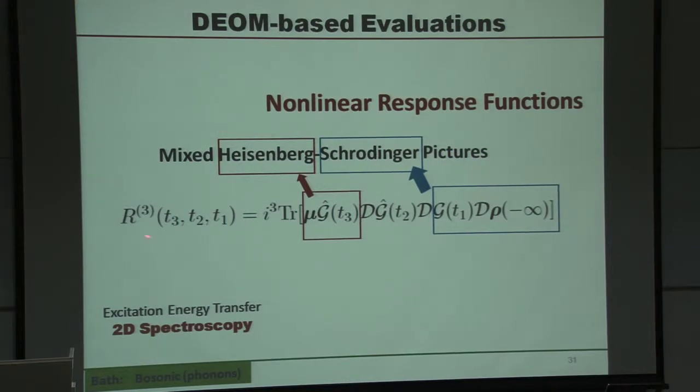Basically, there are three time correlation functions, 3 time variables. You can have 2 time plus 1 time. The dimension, like 3-time, 3 dimensions becomes 2 plus 1 dimension, and the calculation is much more efficient.